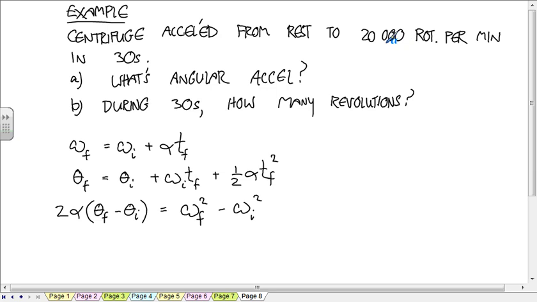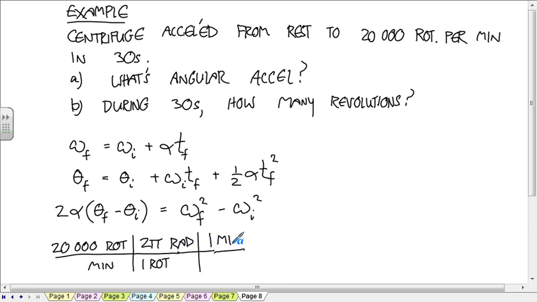I guess the first thing we have to do is we want to convert everything to SI units. So again, we're going to go from rotations per minute to radians per second. So 20,000 rotations per minute. One rotation is 2 pi radians.